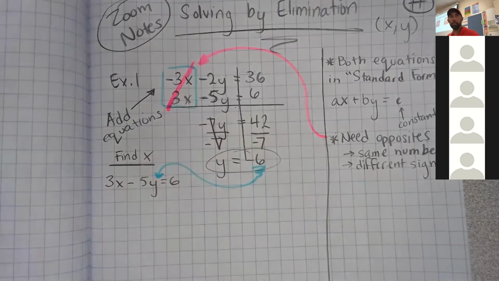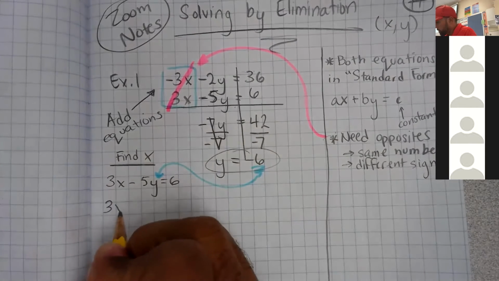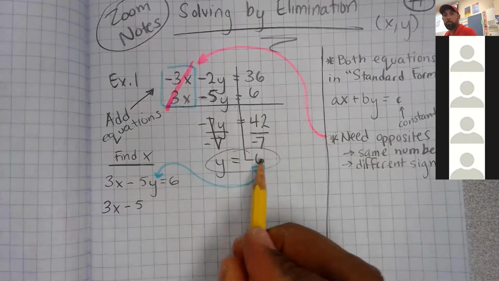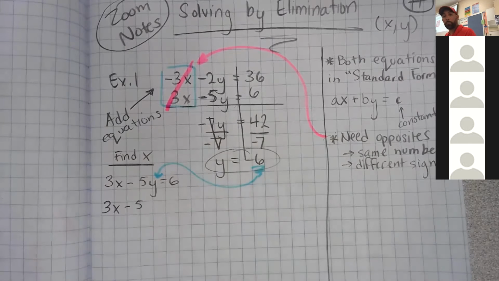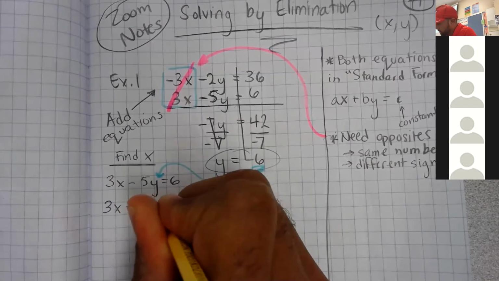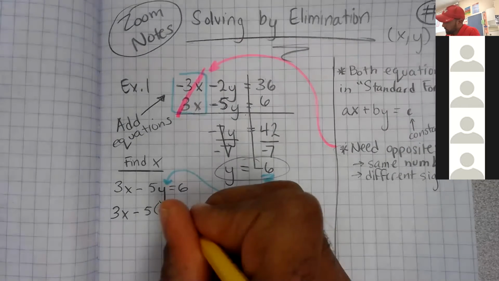Don't plug it into the x. So now 3x minus 5. And every time I plug something in, I always like to write parentheses, just to remind myself that I'm multiplying that, is equal to 6.